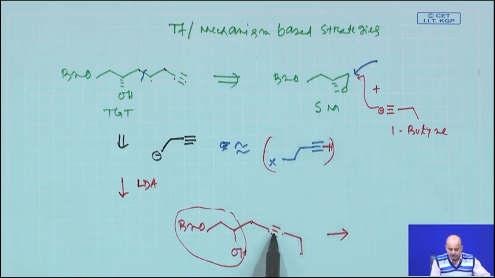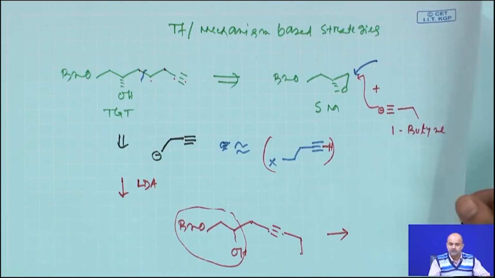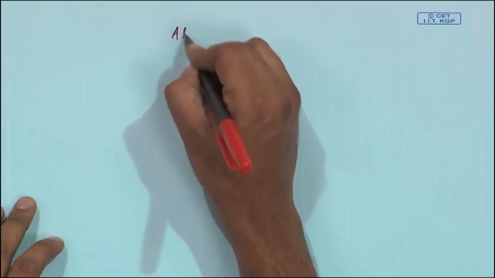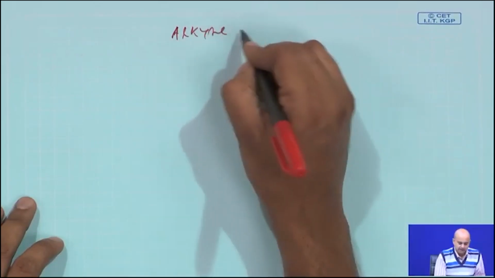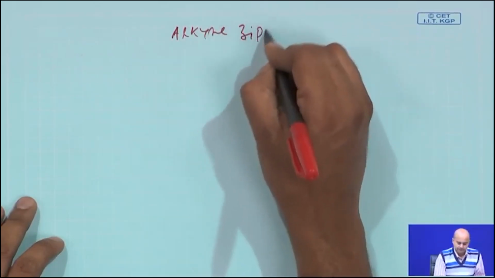So, basically this internal alkyne has to travel 2 carbons extra from this part to this part. So, is it looking very interesting, and particularly this reaction is possible, and this reaction is named the alkyne zipper reaction.